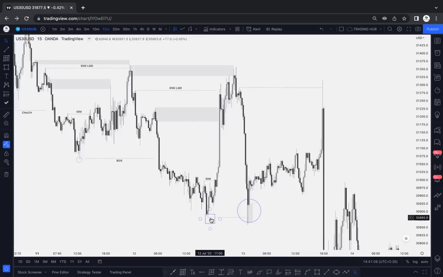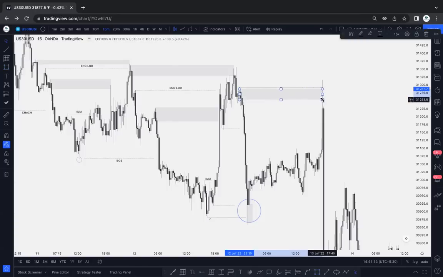In this case, the market already manipulated this low and closed above it. Then the market pushed higher, and after this break of structure, some people mark this as a BOS or choch. Then they expect price to go downside from this order block, and they look for the sell here.